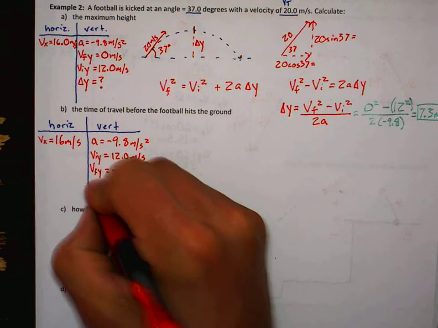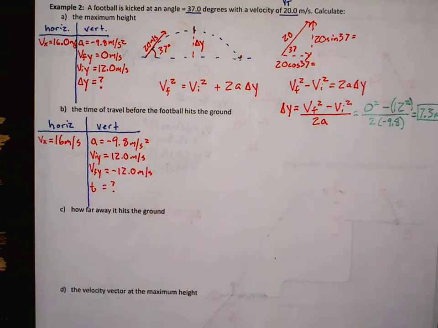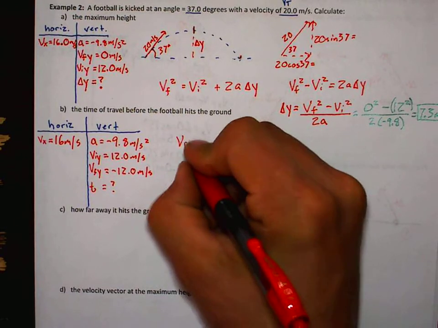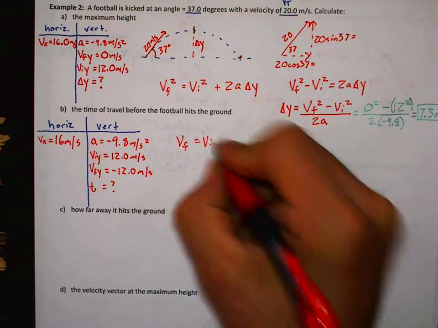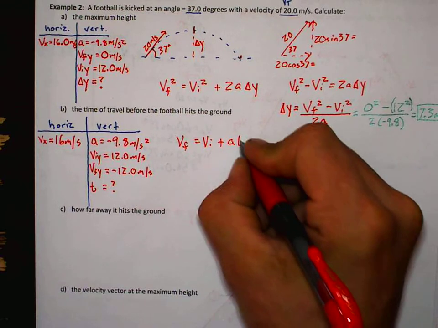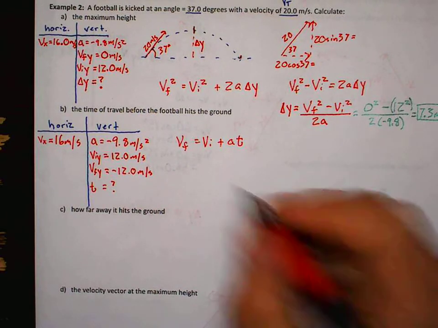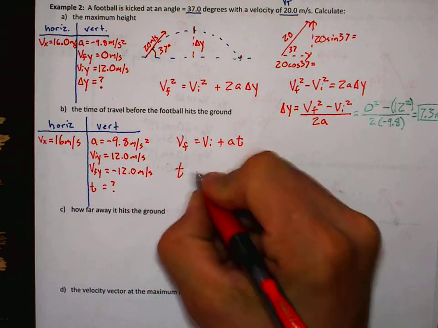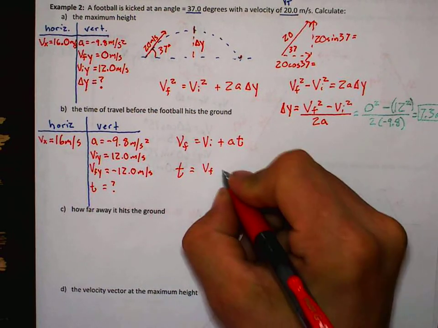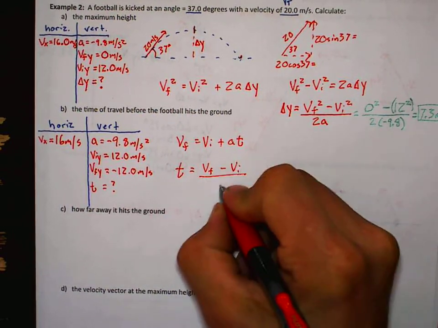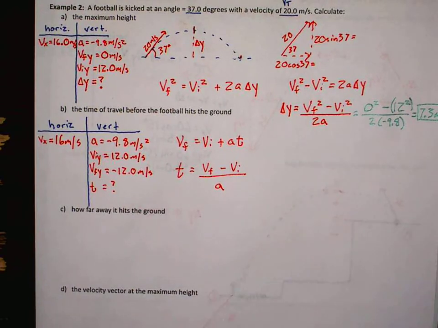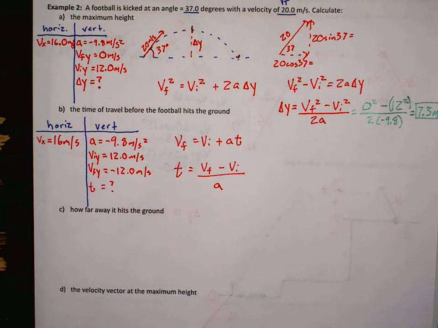Okay, t equals question mark. All right, and we have this. We have that one we can use. And if we arrange it for time, we have t equals v final minus v initial over a. Okay, plug those in. And let's see what we get.